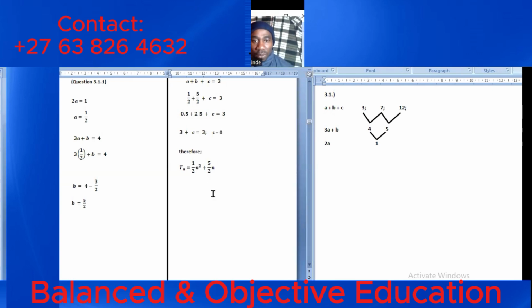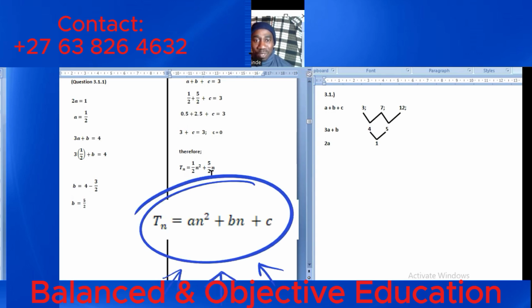c equals 0. So you can then substitute the values of a, b, and c into the Tn expression. Remember, the equation for the Tn of a quadratic sequence is Tn equals an squared plus bn plus c.